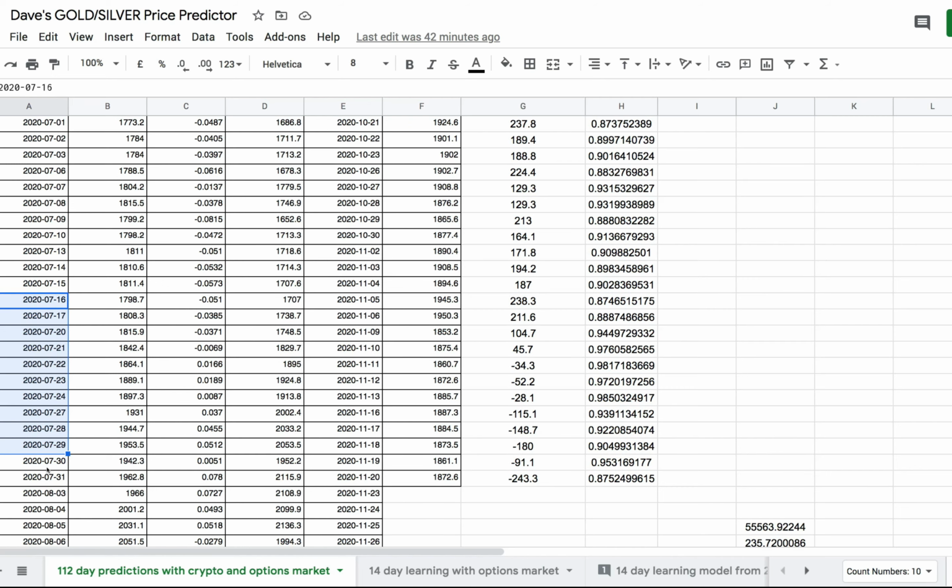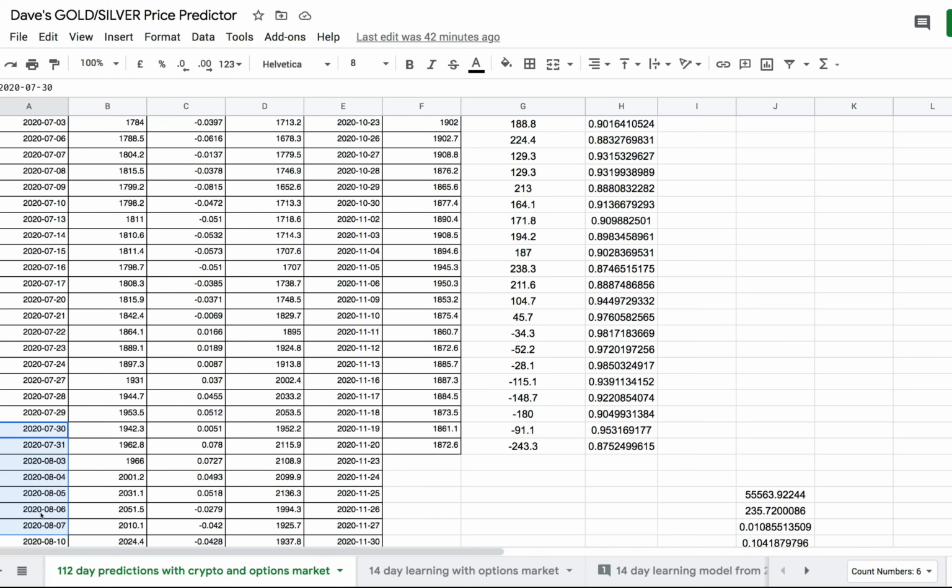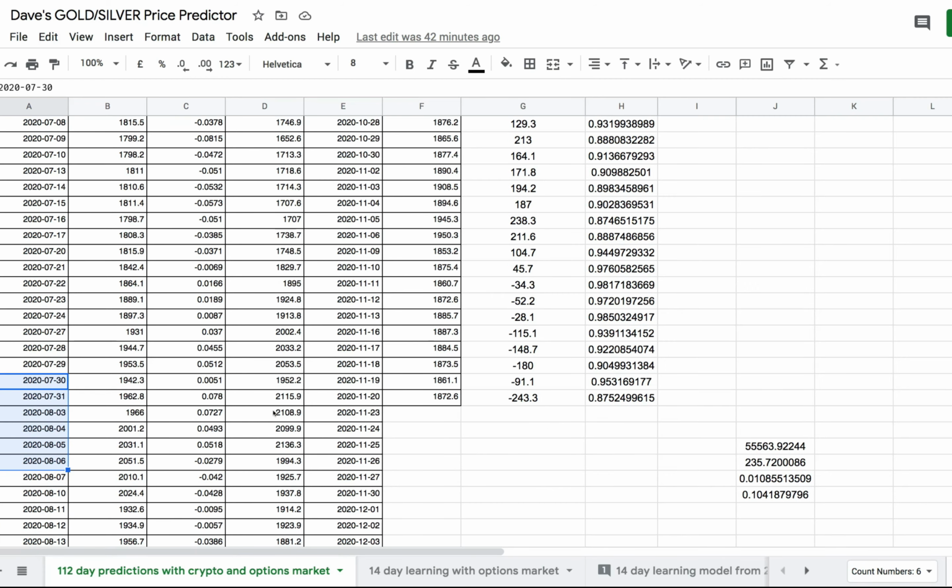And if I look at the machine learning model and how it's making its predictions based upon what was known in July about what the Fed is doing, what the markets were doing, the pandemic situation and the overall economic situation, $2,000 gold was probably a realistic guess back then. What they didn't know was when the vaccine would come out, right? They didn't know that there would be no stimulus.